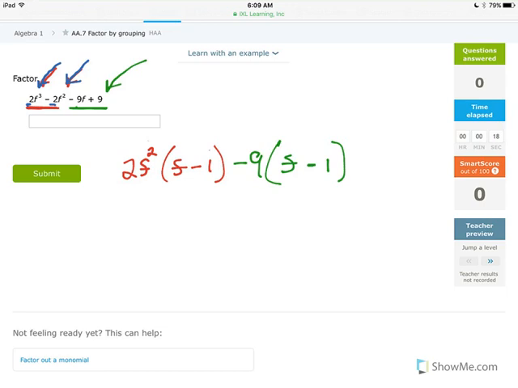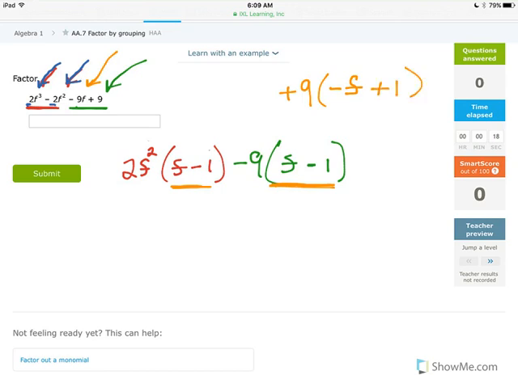And the reason I knew that I was going to need to factor off a negative 9, not a positive 9, is because the key to factor by grouping working is that what's left behind in the parentheses has to be identical. So if I had just factored off a positive 9, then what would have been left behind? We would have said this would have been a negative f, because 9 times the negative f is the negative 9f, and it would have been a positive 1.